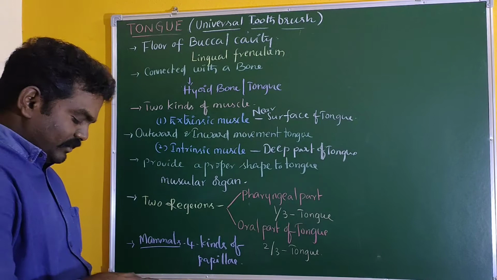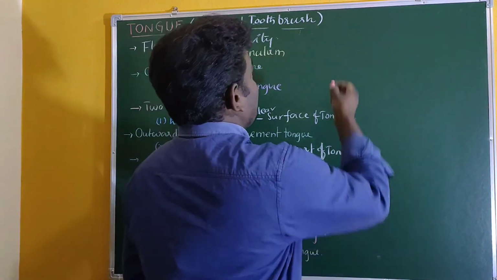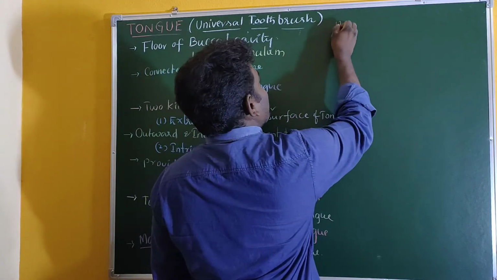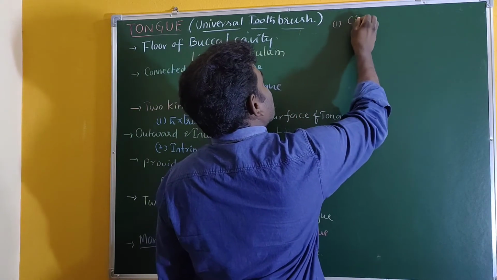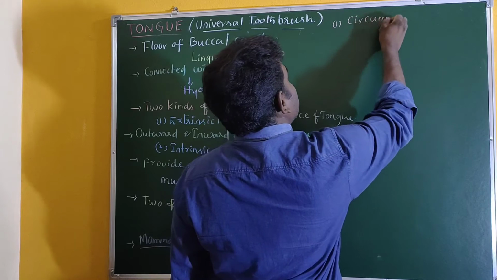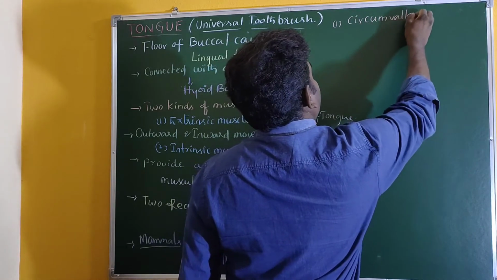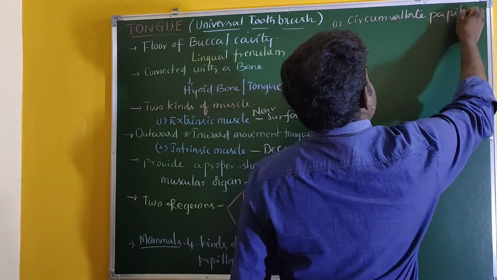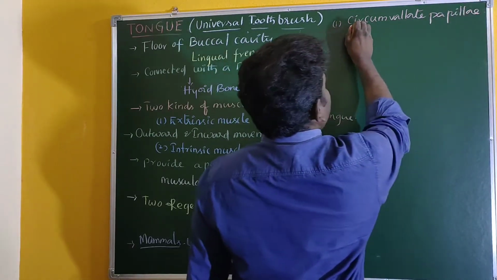We discuss them one by one. There are 4 important types of papillae. The first one is circumvallate papillae.